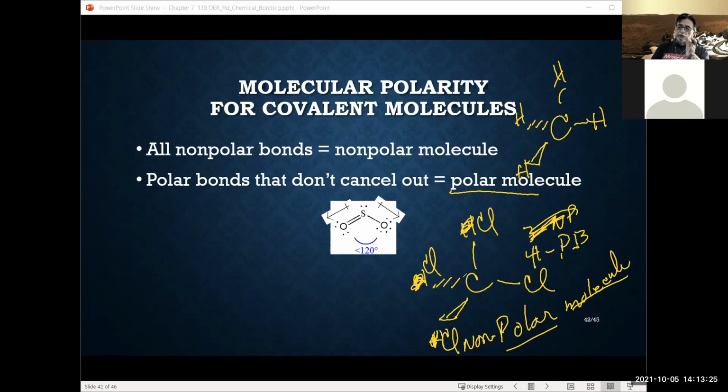So in the tetrahedral configuration, if all of the species bonded to the carbon in the middle are the same other than hydrogen, you end up with a nonpolar species. If I replace one with something else, I get polar.